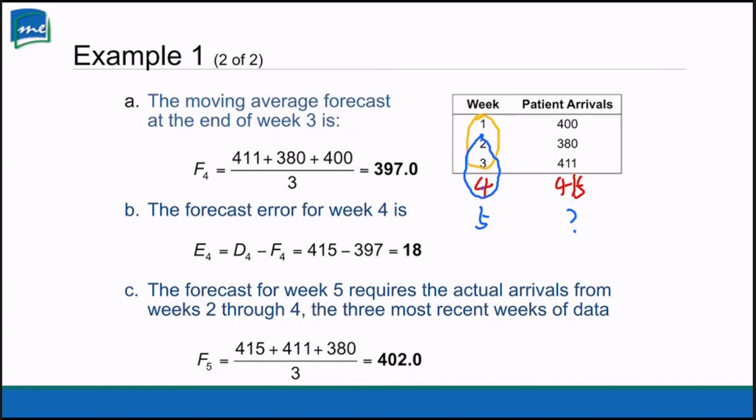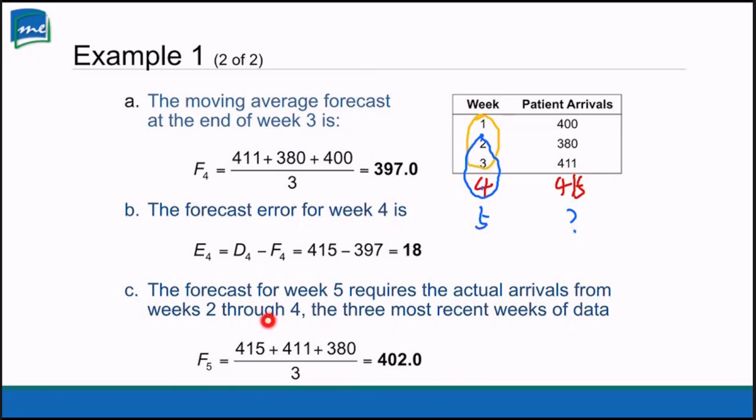And why it is called the simple moving average? Because I will introduce the weighted moving average. So take a look at the formula we use to compute the forecast for week 5.